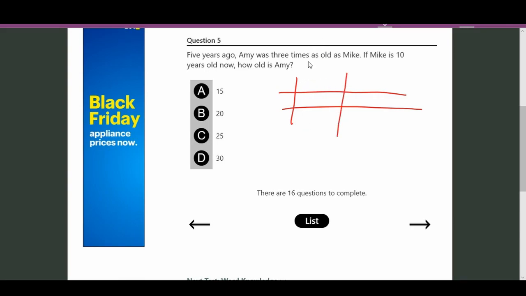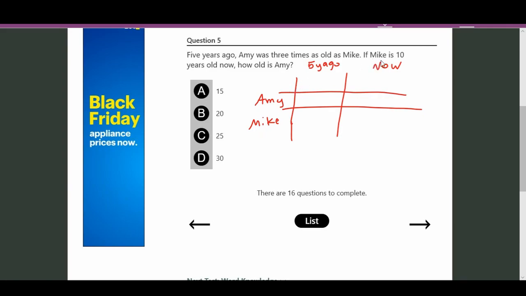So I'm going to say this is their age 5 years ago, and this is their age now. Let me put Amy up here and Mike right here.